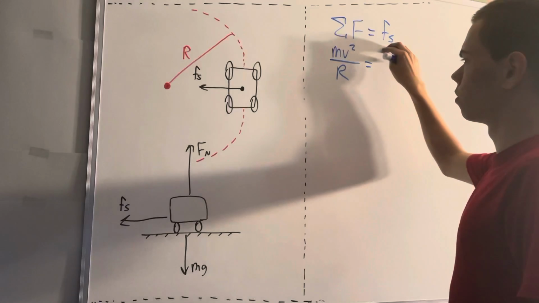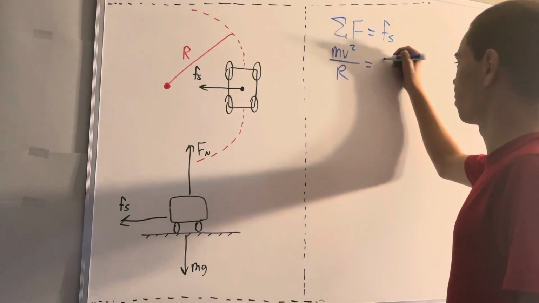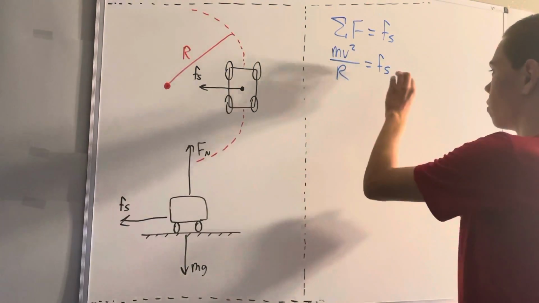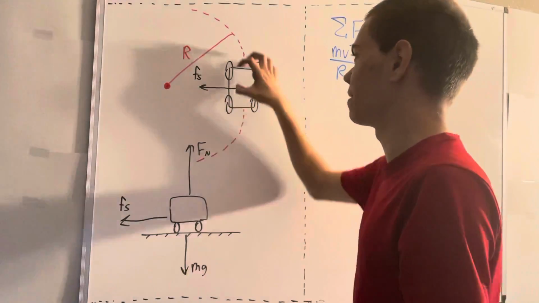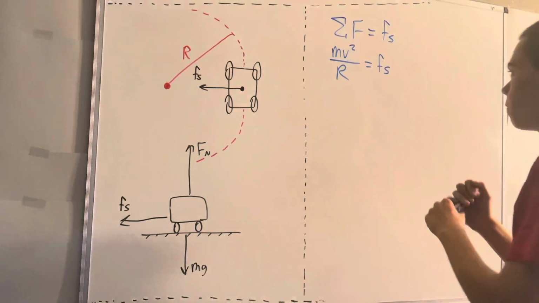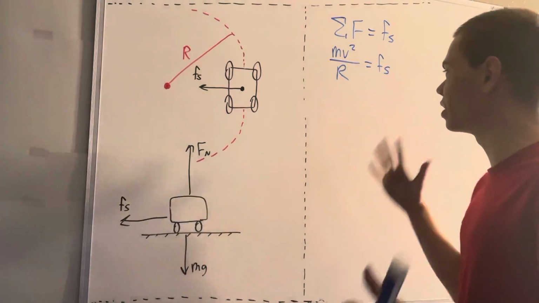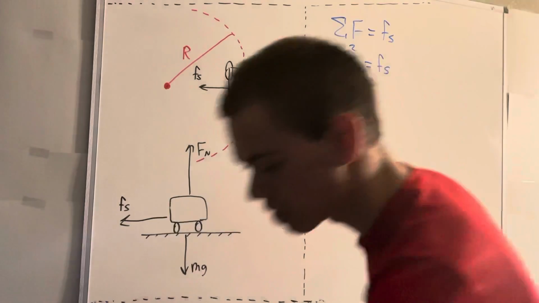So what's static friction going to be? Well, remember, what we want to find is the maximum speed that this car can go when it's making this turn. If we're looking for the maximum speed, then we're dealing with the maximum static frictional force, right?